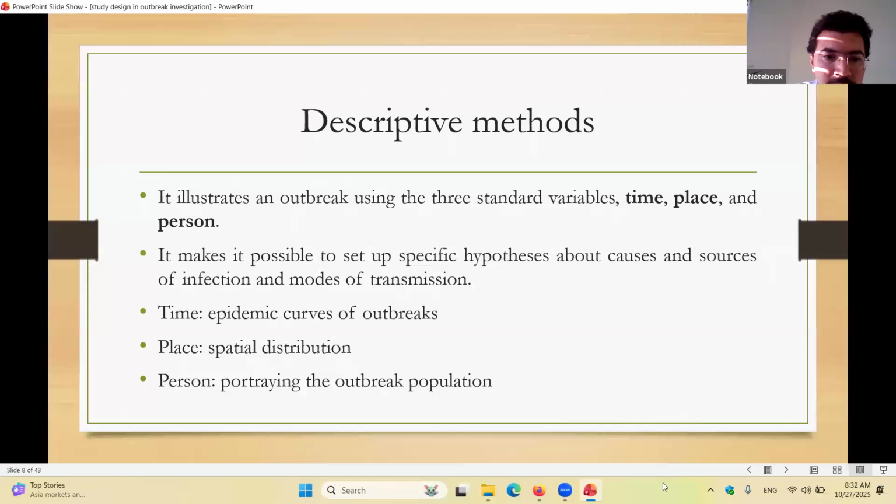For example, we conduct GIS studies and any spatial distribution studies. These are descriptive methods. And sometimes we can combine time and place. We have spatiotemporal models, which may be descriptive or analytical also.